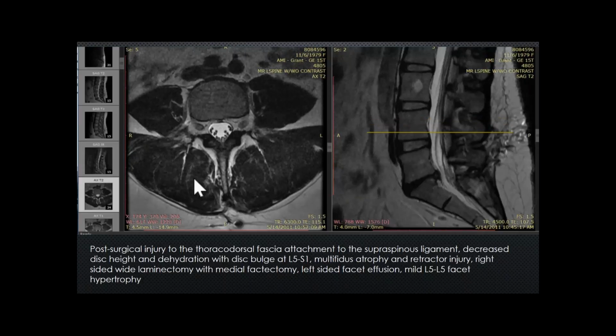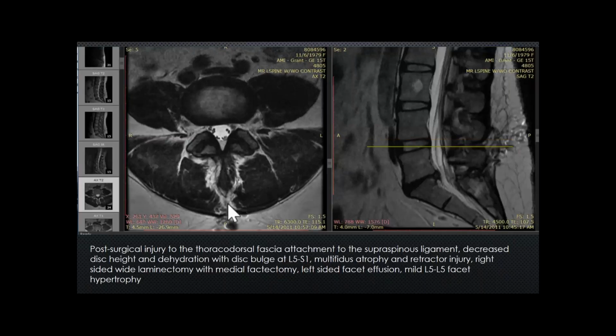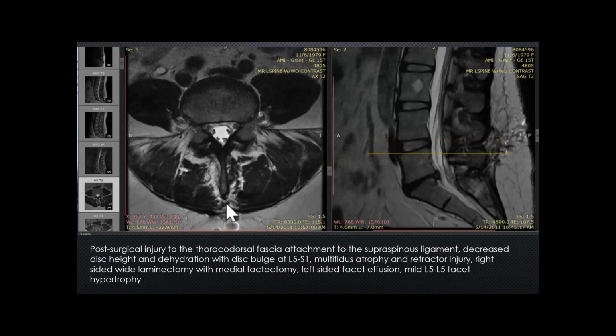As we come down, all of those structures peel off of the supraspinous ligament, which is right here, and there's actually a break between the two and separation between the thoracodorsal fascia and the supraspinous ligament and spinous process, which obviously is causing severe biomechanical difficulties here because there's no anchor anymore on the spinous process for the thoracodorsal fascia. So lots of issues going on there.